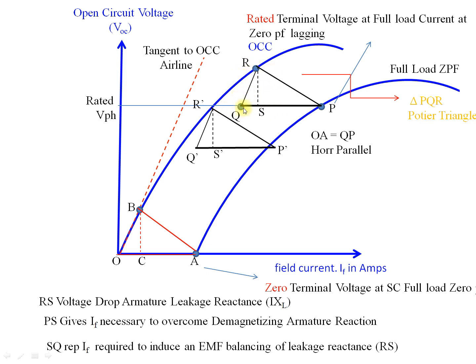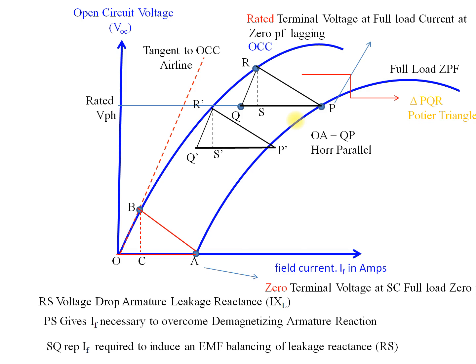So from this diagram, we can come to a conclusion that from this Potier triangle, we can find out the values of IF which are required to supply to the armature reaction and to supply to the leakage reactance.